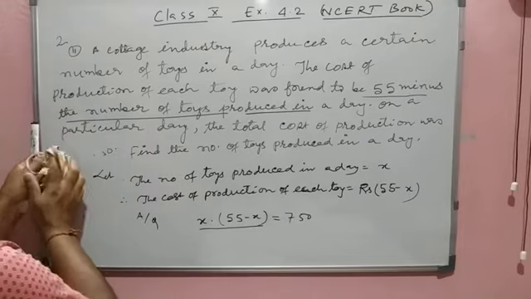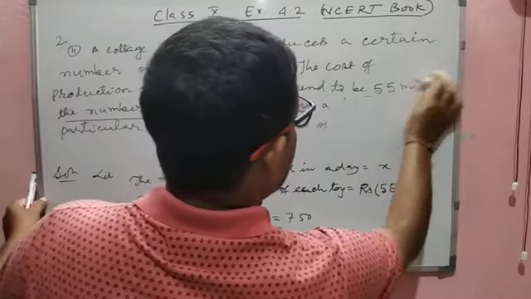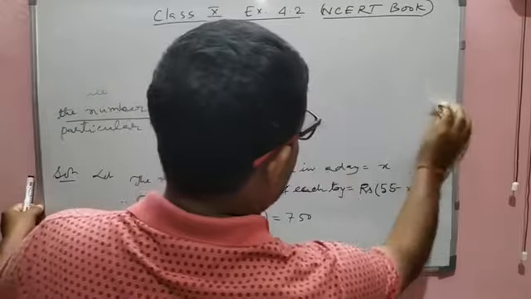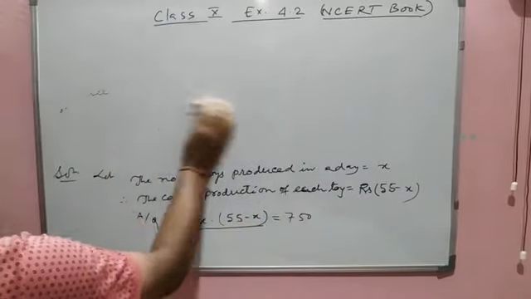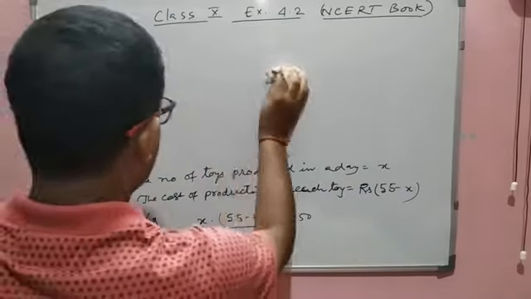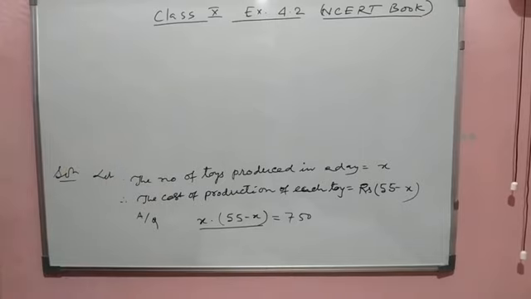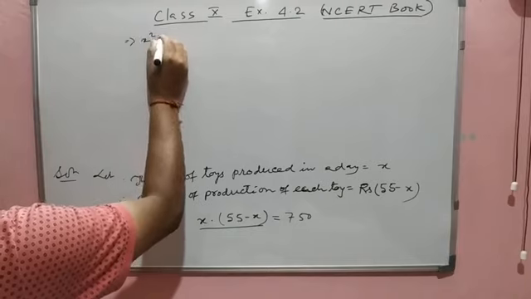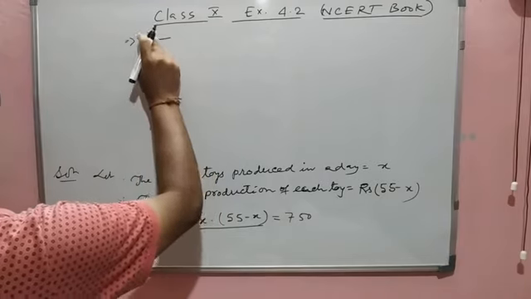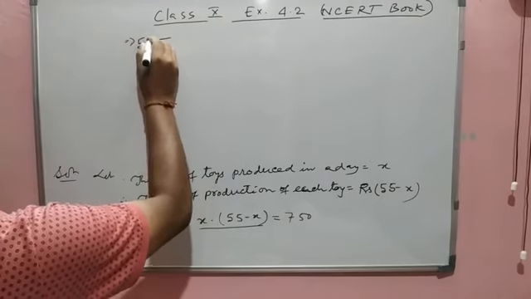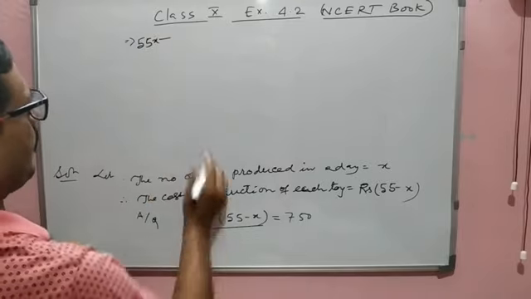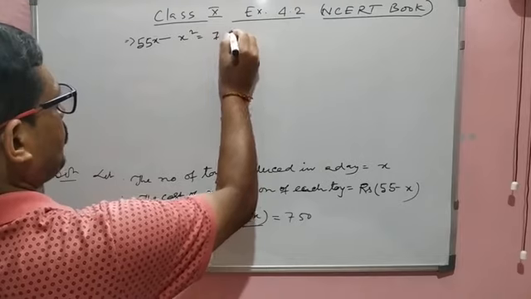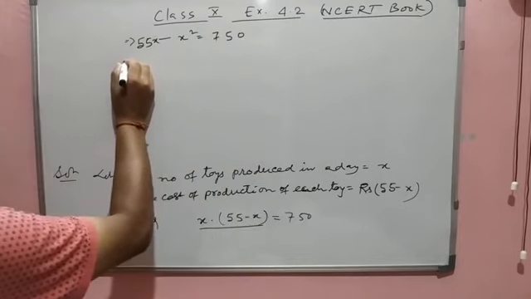We will apply the middle term factorization method or factorization method. We can apply the quadratic formula as well as the completing the square method. That depends on us. Now multiply this: it will be 55x minus x square equal to 750.